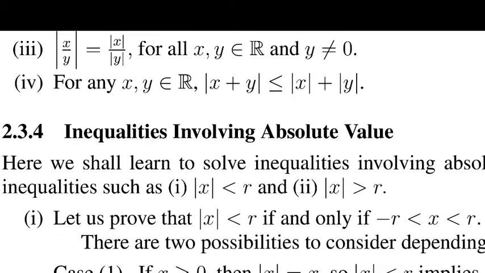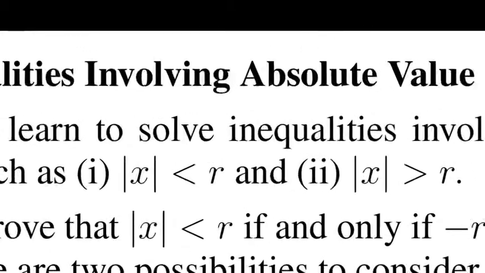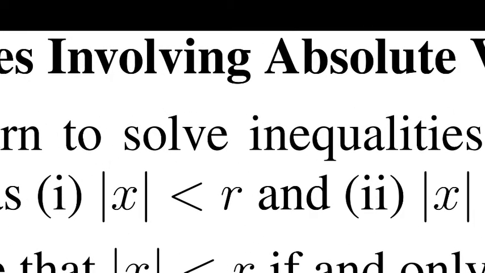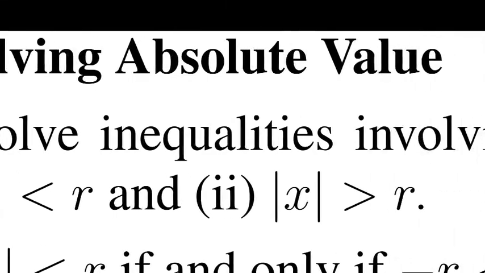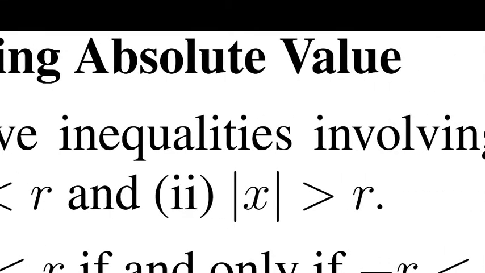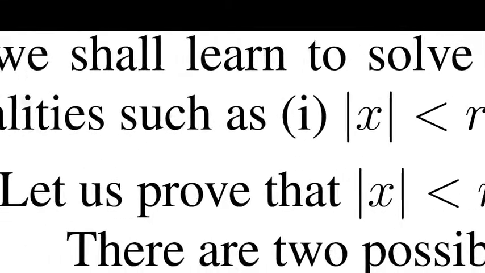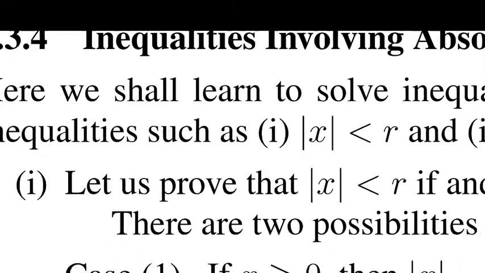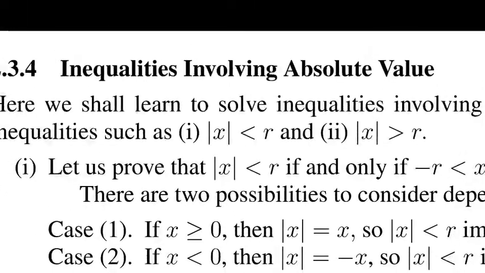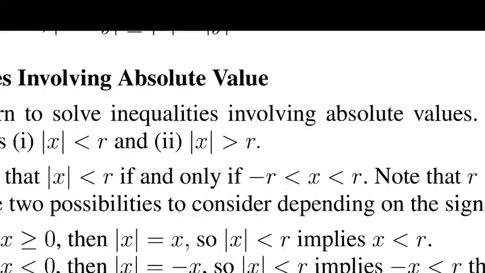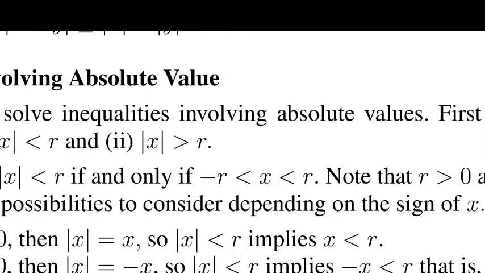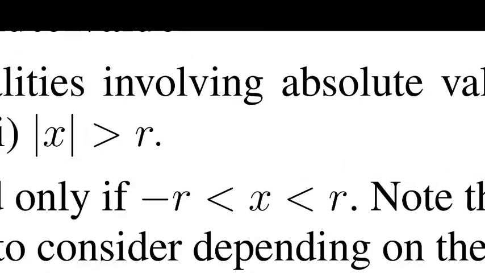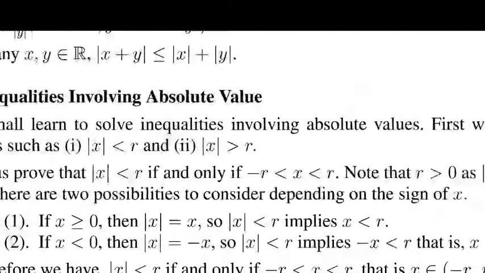Next, inequalities involving absolute value. There are two conditions: modulus of x is less than r, or modulus of x is greater than r. First we are going to see modulus of x less than r. Modulus of x is less than r if and only if minus r is less than x is less than r.